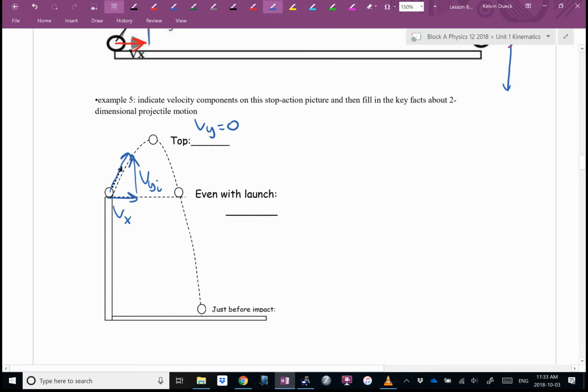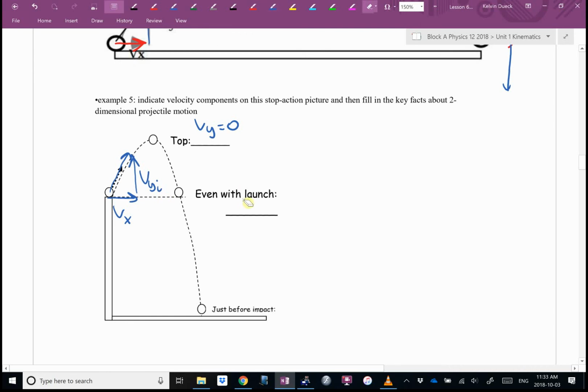Why did you put an initial on the y, but you didn't bother putting an initial on the x? What's constant? Vx is constant, so the initial is final, is middle, is whenever. But the Vy is changing.